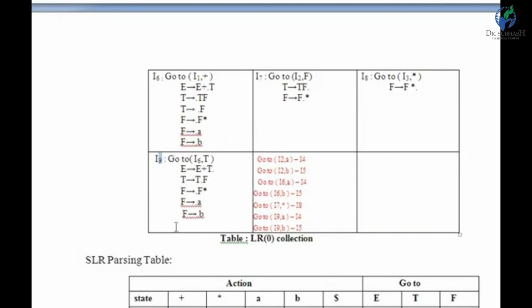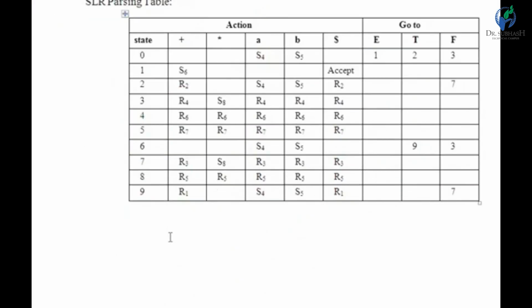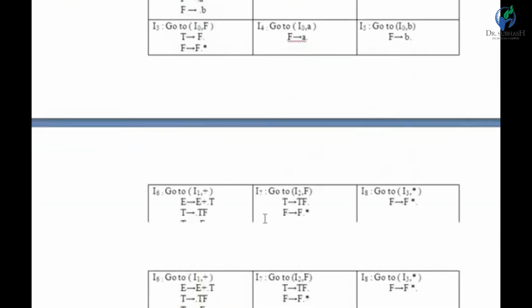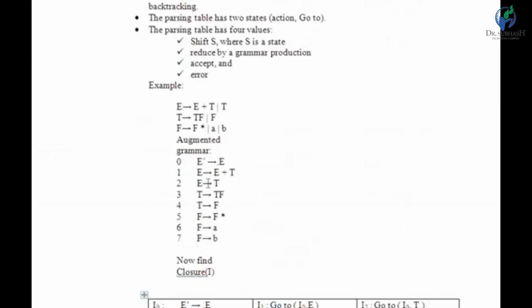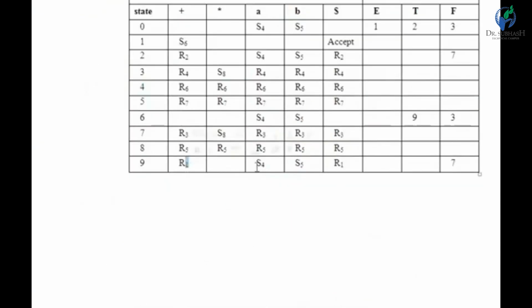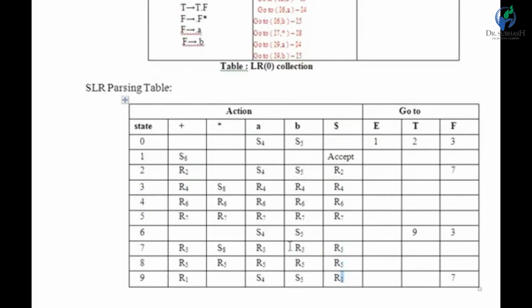So in the 9th row, you put the reduce entry at the follow of E, which is plus and dollar. So put R, and E gives E plus T is at position 1. So write 1 in the reduce entry.